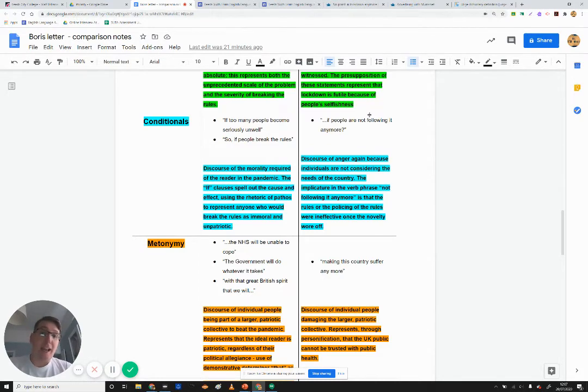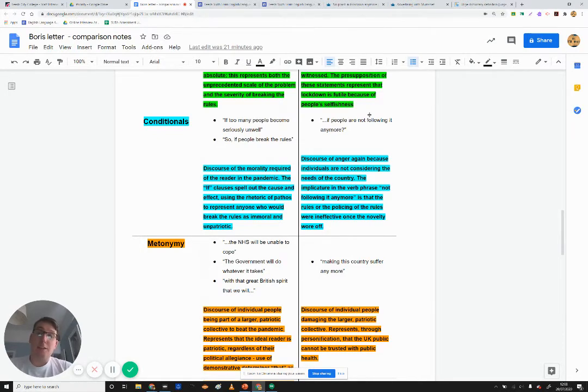And it represents that anybody who would break the rules is immoral, and also, because of the other types of language that gets used, all the lexical choices related to patriotism, if you break the rules, then you are unpatriotic. Whereas in the Boris text, the discourse is of anger, as we've already talked about, not because of lockdown itself, but anger at people who are not considering the needs of their community.